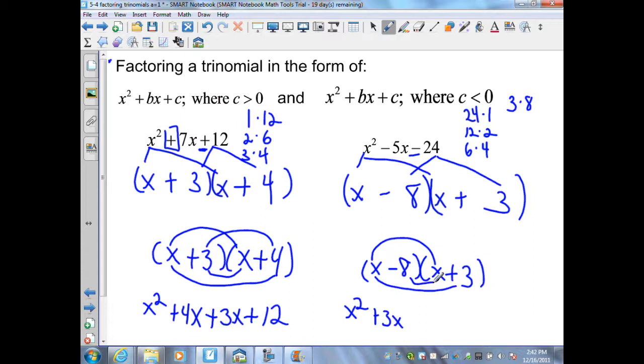Inner, negative 8 times x is a negative 8x. And last, negative 8 times 3 is a minus 24. Combining like terms, I get my x squared, 3x minus 8x is a negative 5x, and a minus 24. Therefore, this expression factors into the product of its factors, x minus 8 times x plus 3.